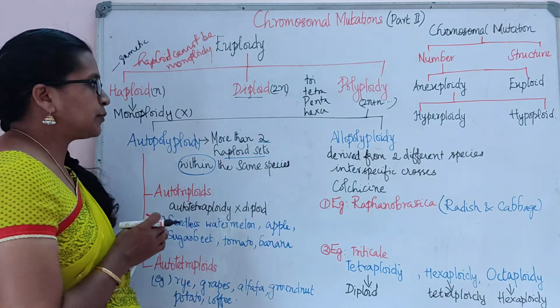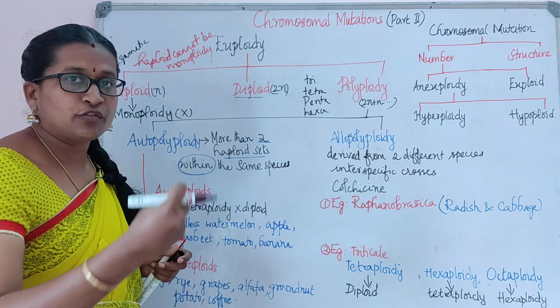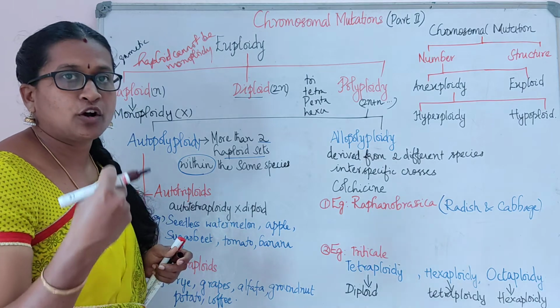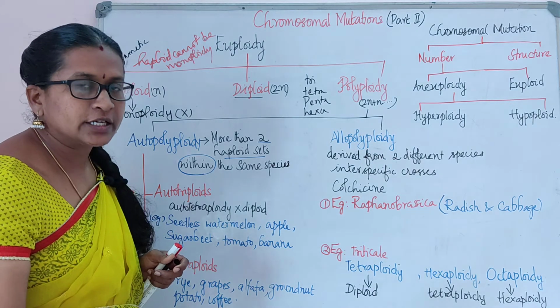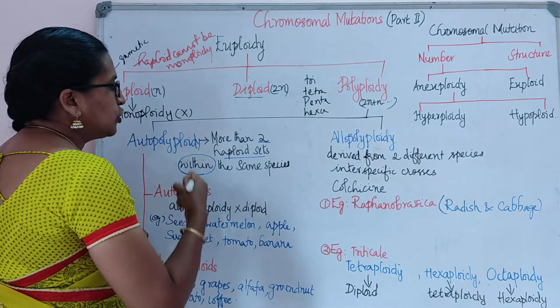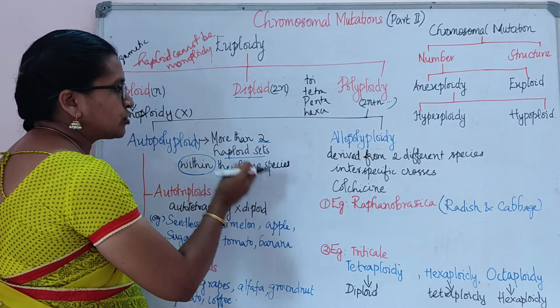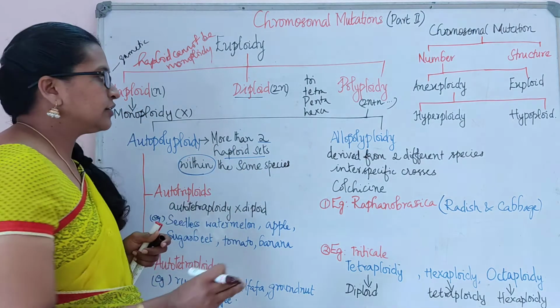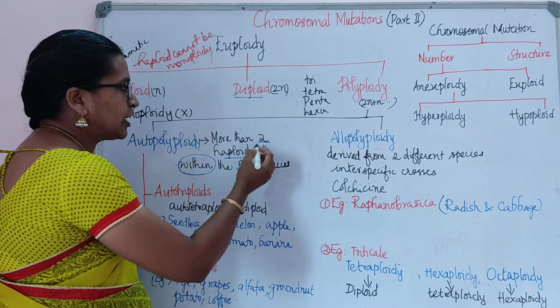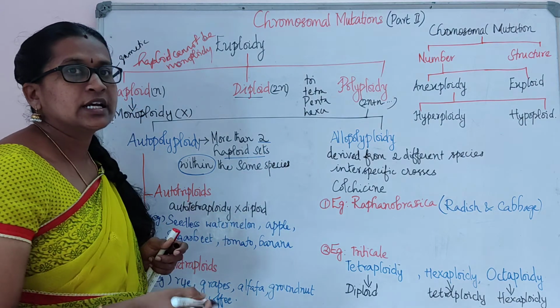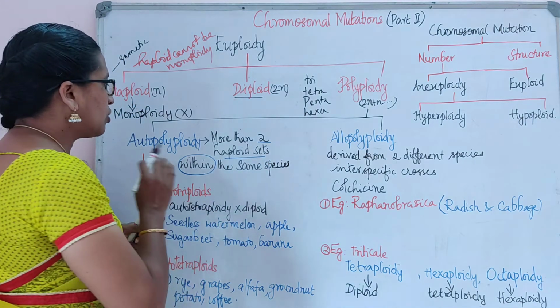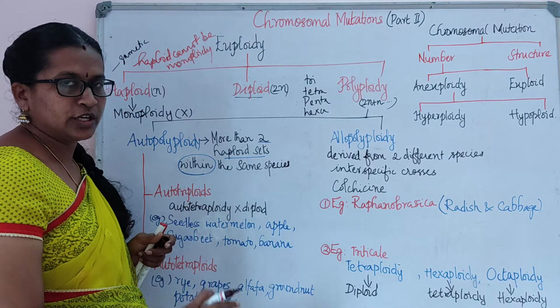So this autopolyploidy, the derivation of that particular ploidy of the plant is got when two plants of the same species are crossed, they are going to get more than two haploid sets. This is called an autopolyploidy.